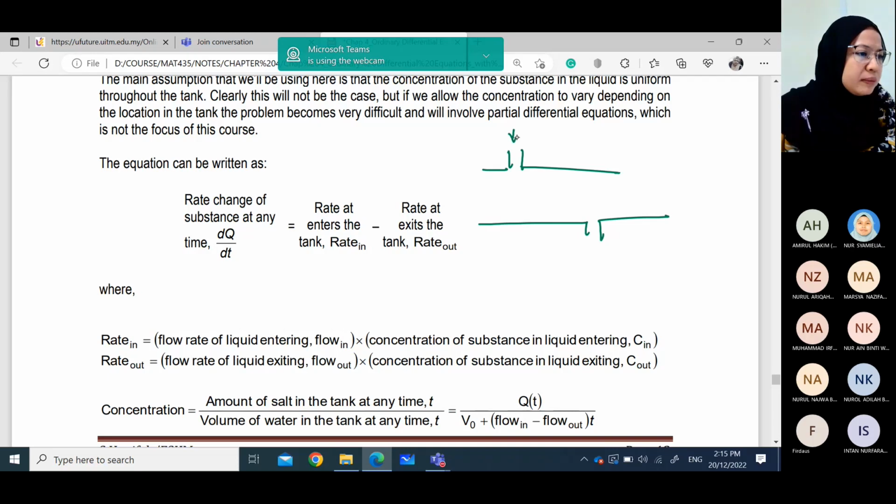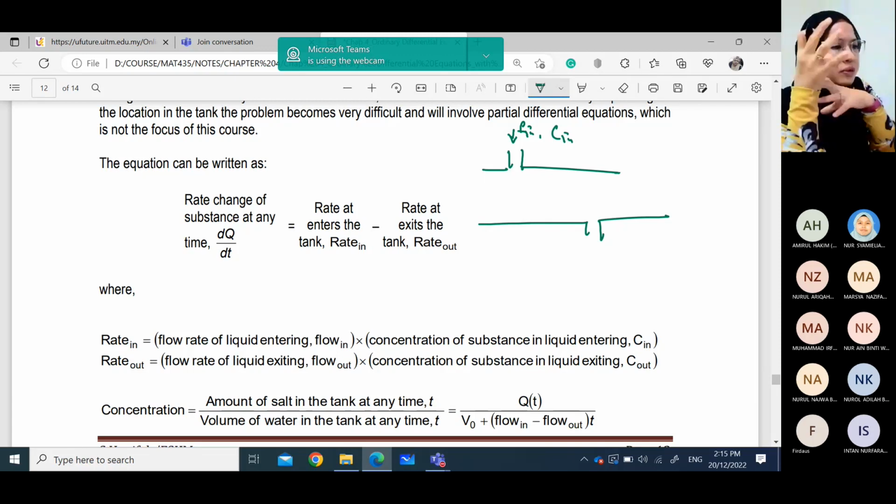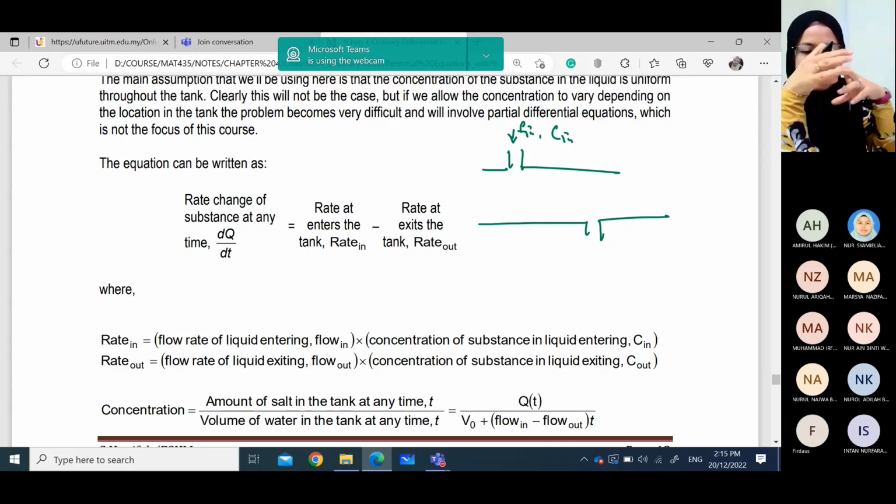The mix, for example brine water, air garam kita masukkan. Kadar kemasukan kita akan kira juga. So it has flow in and concentration in. Flow in means the rate of liquid entering, its flow. And then there is C in.